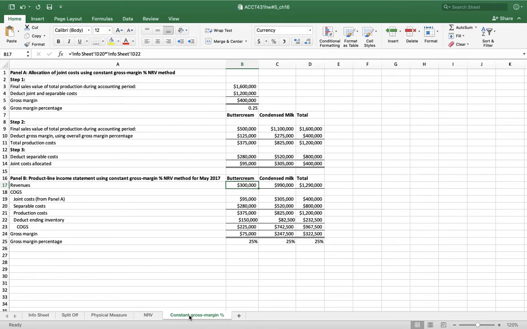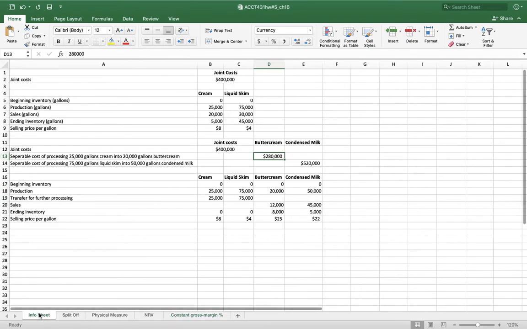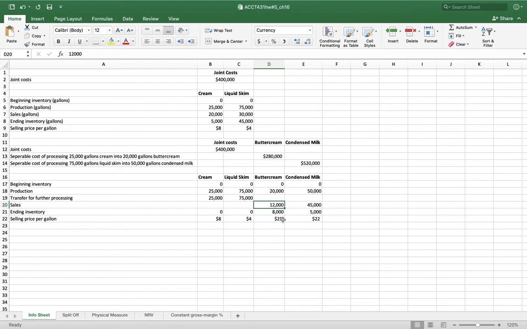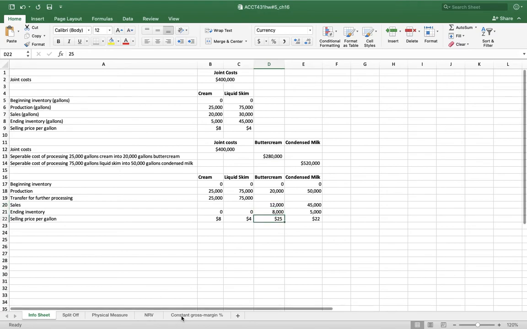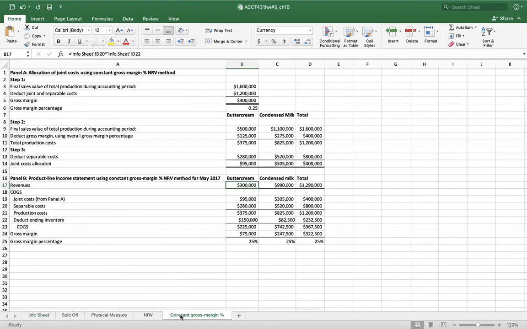Lastly, panel B, find revenues again by multiplying the sales and the selling price from the info sheet over here, 12,000 times 25. The joint costs were given from above as it says, so right here. Separable costs were also given above, right here.